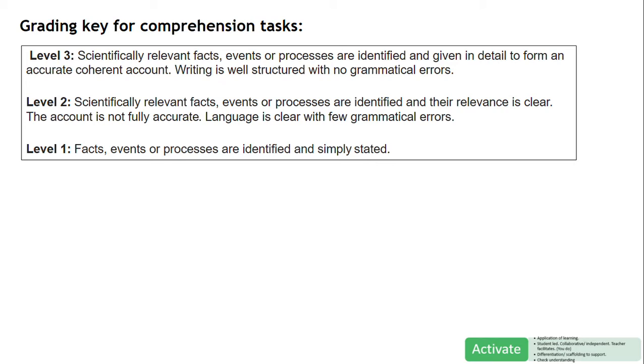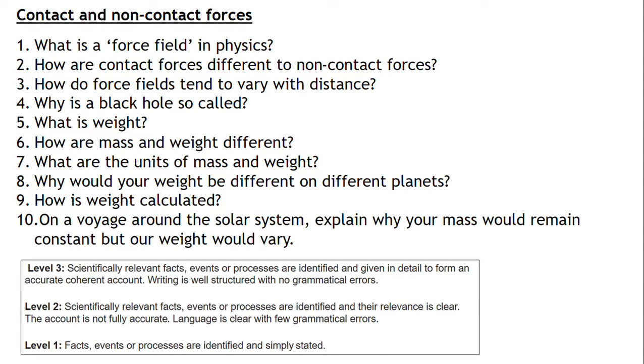Now the questions are my questions, which are also attached. So we're looking for these sorts of levels of answers. Ideally, we're looking for level 2 to level 3 in your writing. We're not really that interested in just one-word answers. That won't score well in exams. So this is what the questions look like, and these are attached as a document.